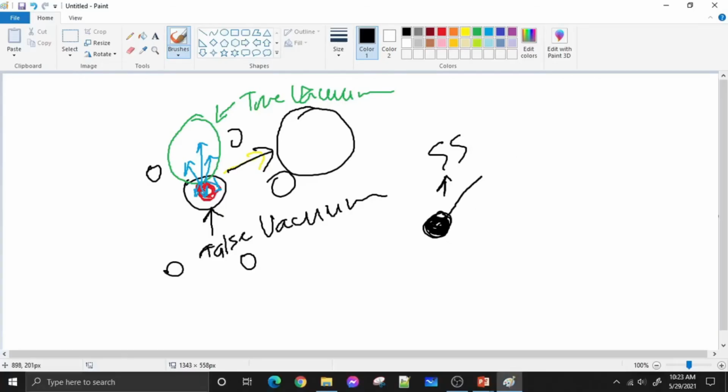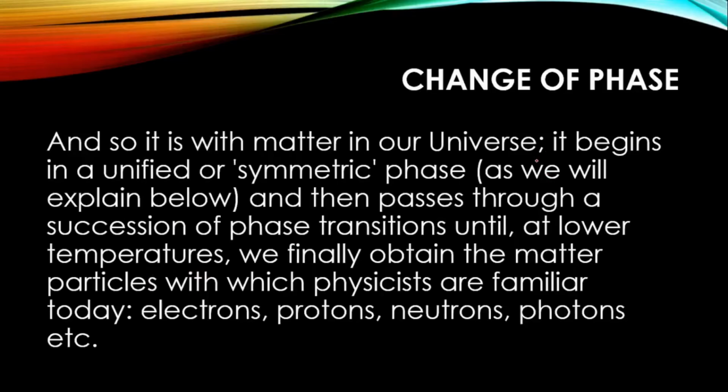And then when it began to expand into the Planck epoch, the inflation, the cooling, and the structure, those states are the changes of phase according to the change of phase theory, where the matter from the singularity passes through a succession of phase transitions until a lower temperature.